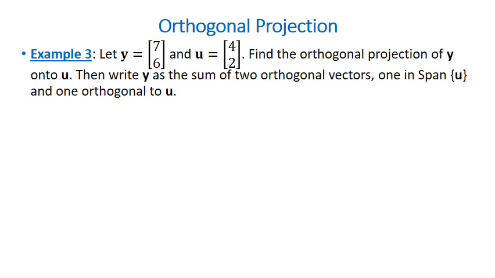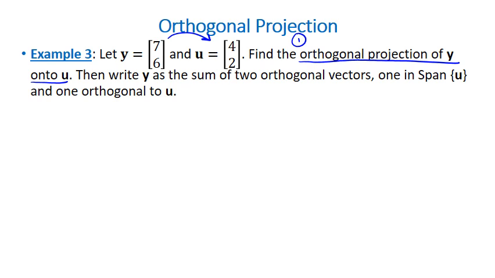So here is how this will be used. Let y be that vector and u be that vector. What we want to do is find the orthogonal projection of y onto u, from that definition 2 slides ago.